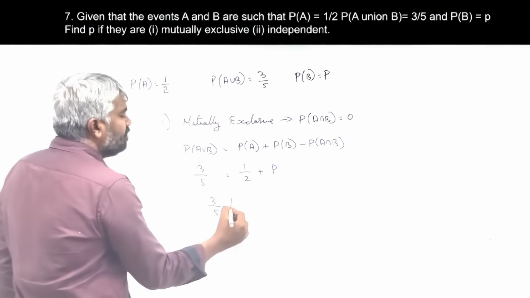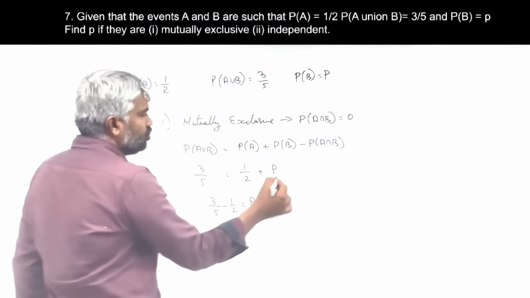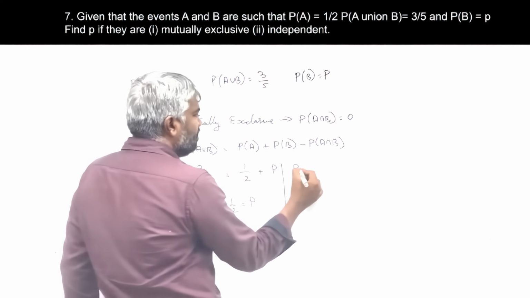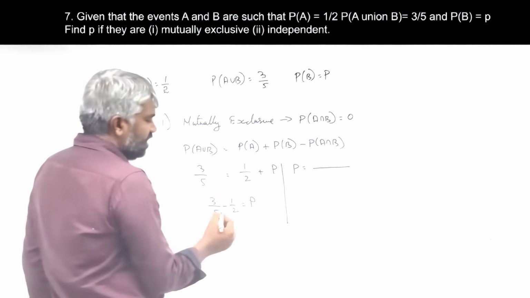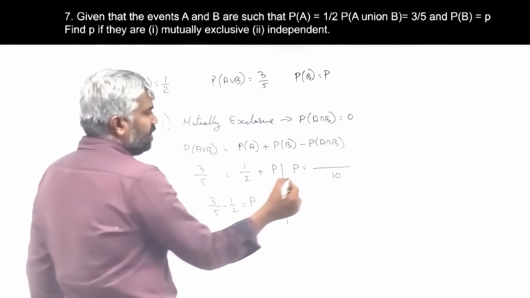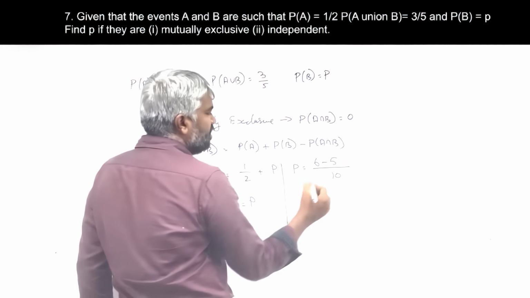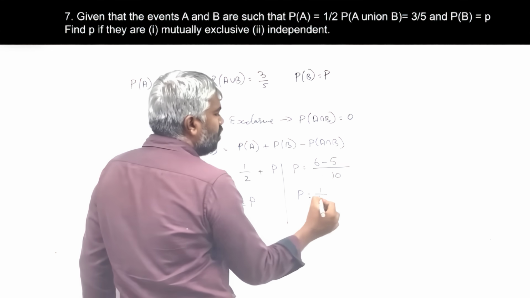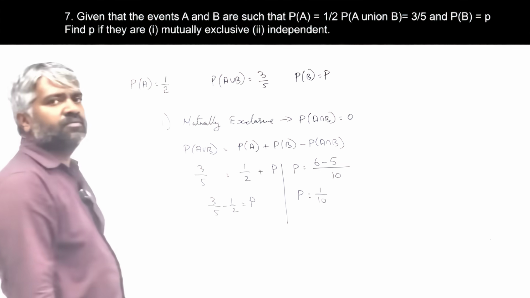So 3 by 5 minus 1 by 2 equals P. Now you need to find the value of P. Take LCM of 5 and 2, which is 10. When you cross multiply, it is 6 minus 5. Therefore, P equals 1 by 10.